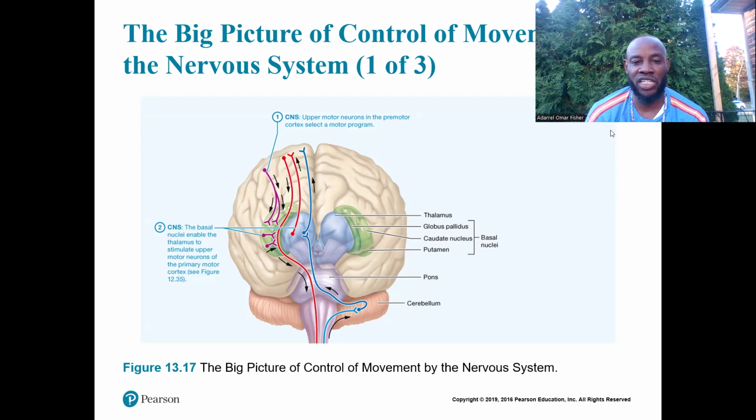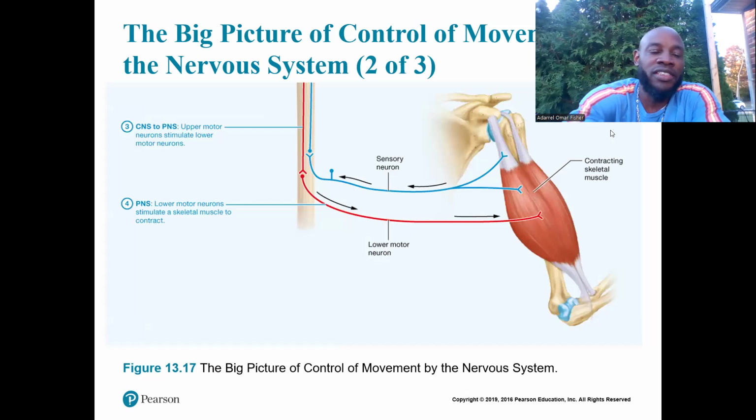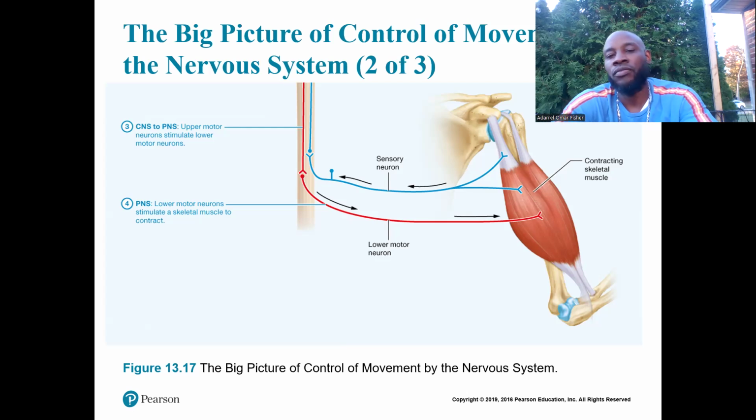And this signal is going to be sent down to our lower motor neurons. Step 3, the upper motor neurons stimulate lower motor neurons. And step 4, the lower motor neurons stimulate a skeletal muscle to contract. And that's how movement happens.